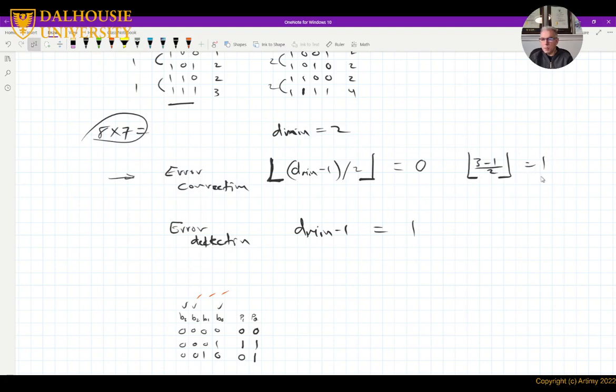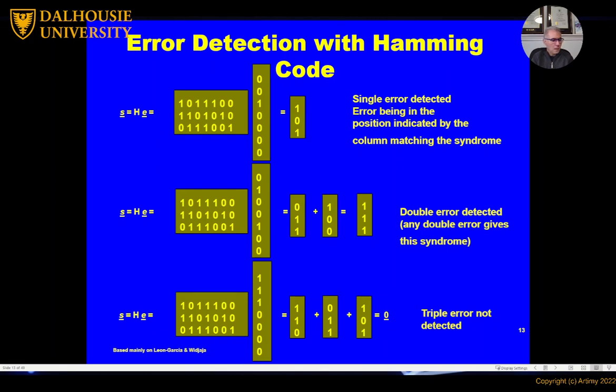So that's 1. So it's able to correct single bit errors. How about the detection capability? 3 minus 1 equals 2. So this means that it can detect up to 2 errors and it can correct up to 1 error, right? So it's very important that you correct your slides to reflect this.